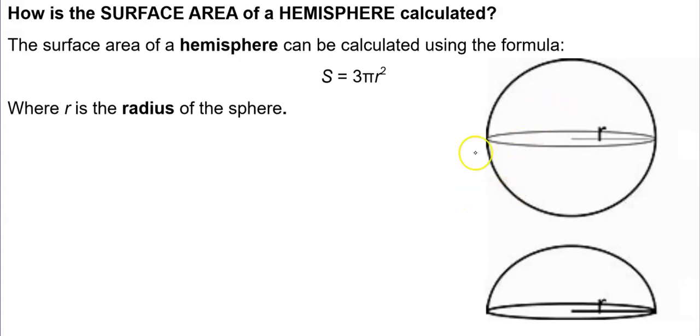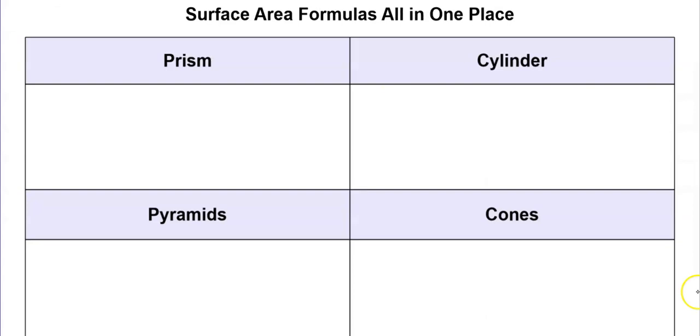So here's a full sphere. This is half a sphere. So for the hemisphere, we're going to say 3 pi r squared. So again, we're just going to take the radius, that length right there, square it, multiply it by 3 pi, and we are done.